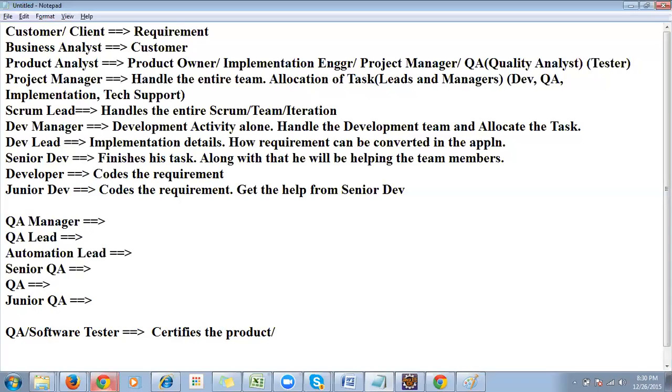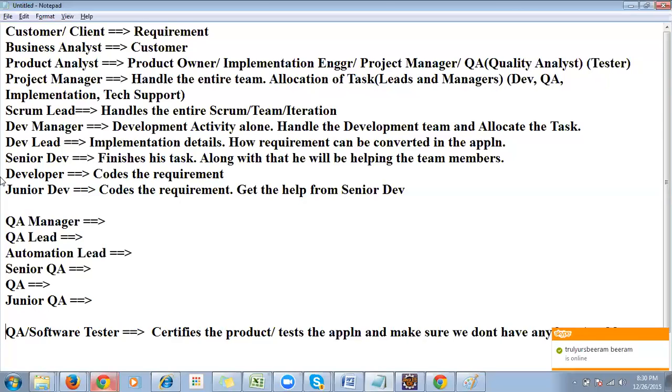Software tester means it's less than that. He tests the application and makes sure we don't have any bugs. Bugs means any problem in the application. So these are the two differences.